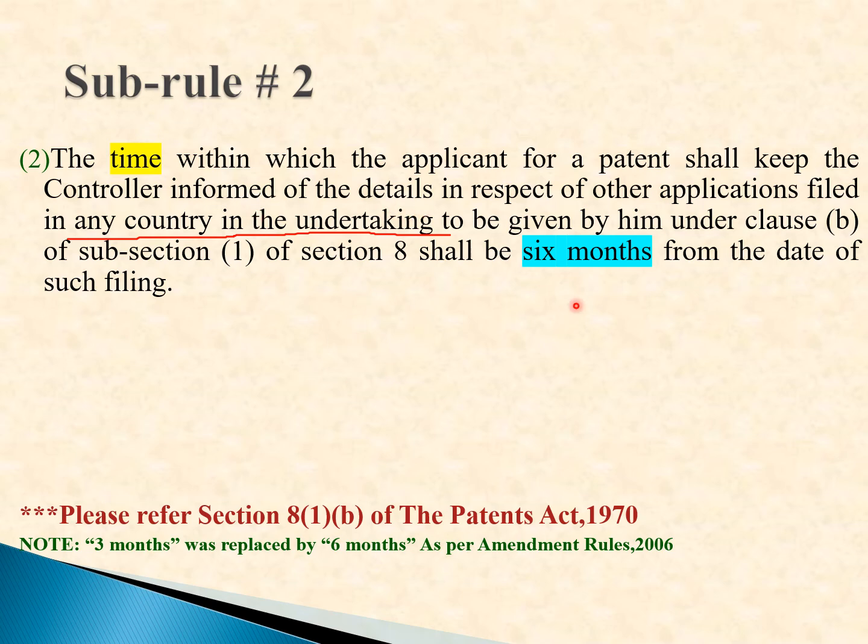He shall keep informing the controller of the details in respect of the other applications, and for that the time period is as per subsection 1 of section 8, clause B of subsection 1 of section 8, and this period will be 6 months from the date of such filing. Earlier this was 3 months, but as per the Amendment Rules 2006 it got amended to 6 months. I think it is clear, right?